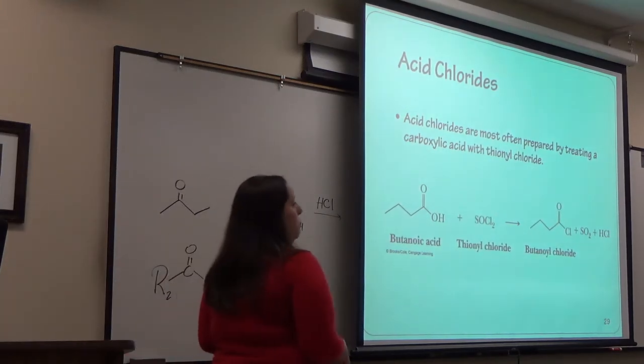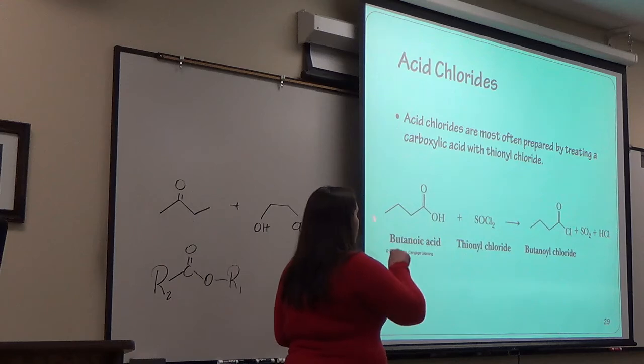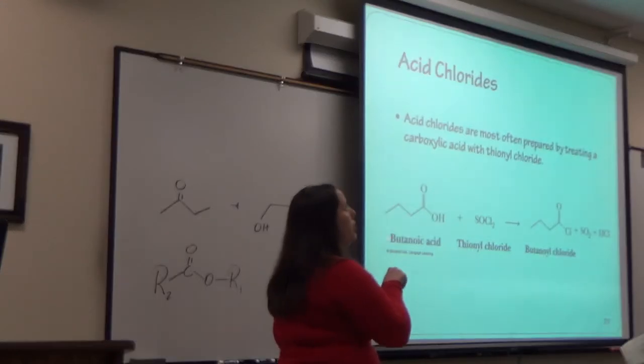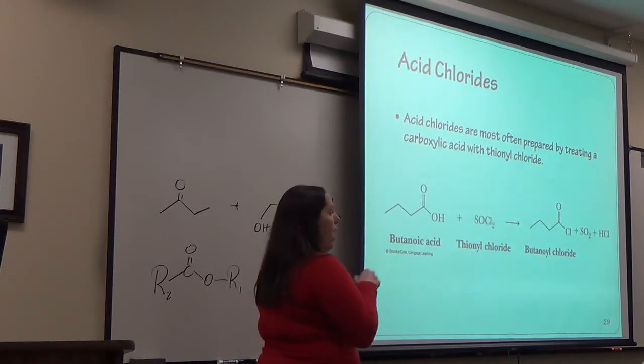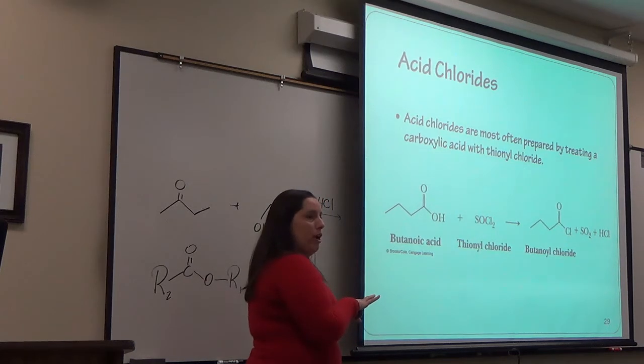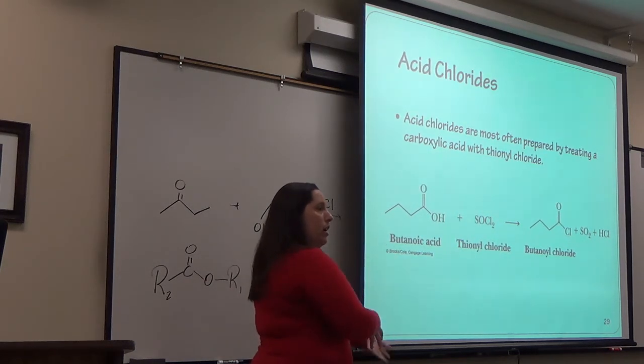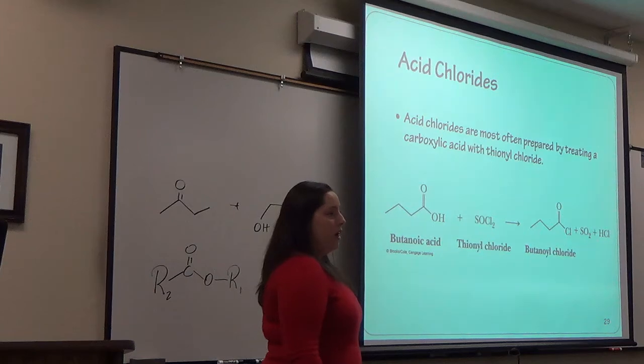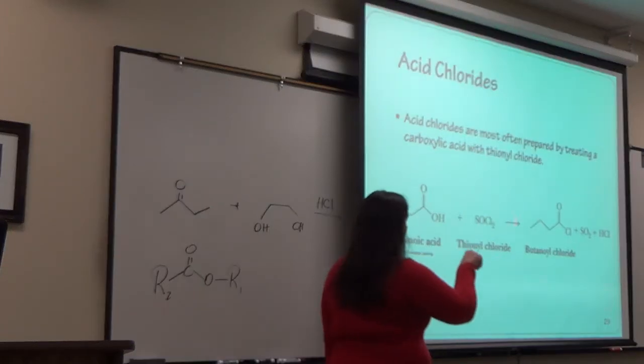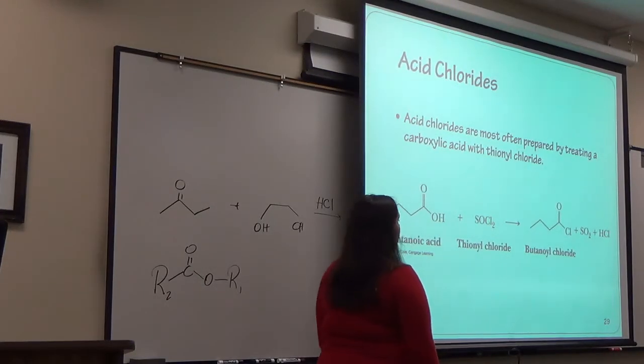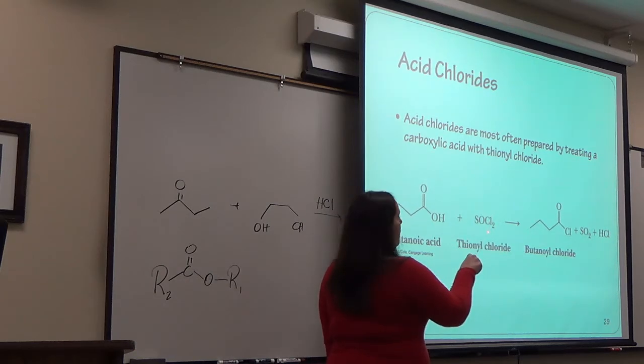So how are these prepared? Of course you start with the carboxylic acid, and what you're going to add is thionyl chloride. We've seen thionyl chloride before as a way of using the chlorine as a nucleophile. So that's a common reagent for that. But here it's going to function as a way of adding the chlorine to the carbonyl.